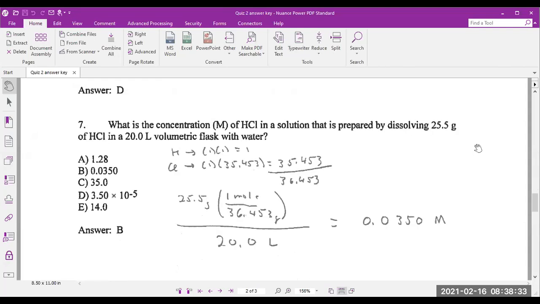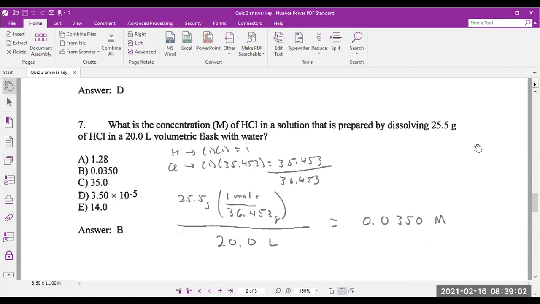Number 7, what's the concentration in molarity of HCl in a solution that's prepared by dissolving 25.5 grams of HCl in a 20-liter volumetric flask with water? So we know molarity is moles per liter. So we needed to go ahead and change the 25.5 grams of HCl into moles.